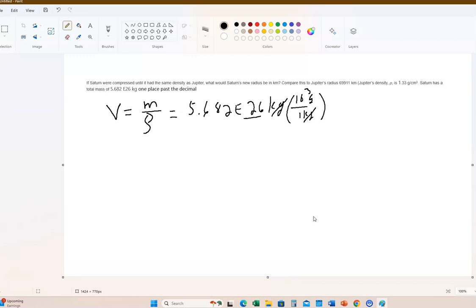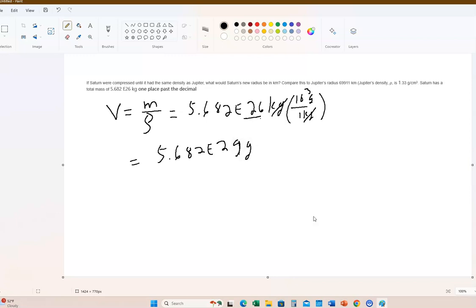So if I rewrote this, the volume becomes 5.682 times 10 to the 26, you just add the exponents, 10 to the 26 times 10 to the third would be 10 to the 29, and now it's in grams.